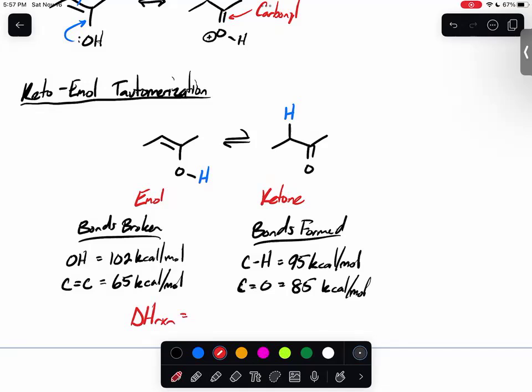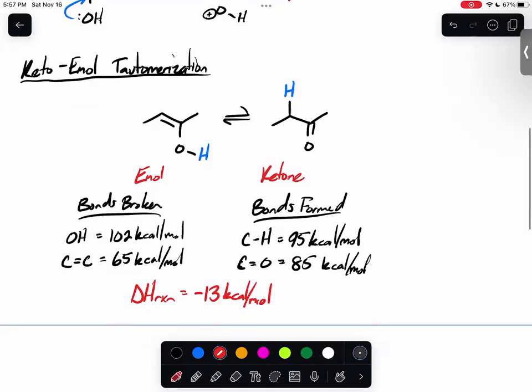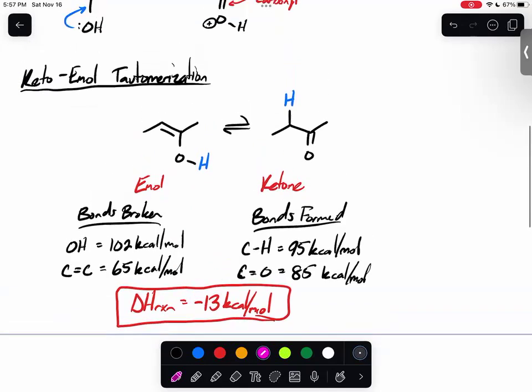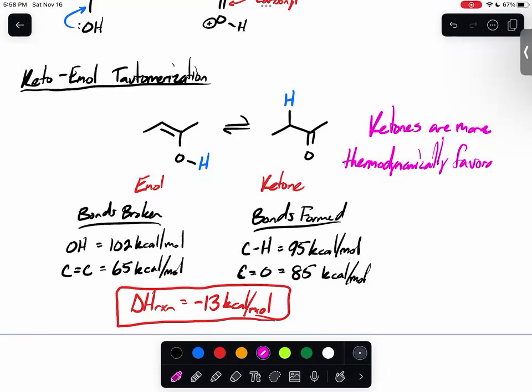All right. So our delta H of this reaction, as shown swapping between the enol and the ketone, is about negative 13 kilocalories per mole. This is a favorable delta H. So what we can say here is that ketones are more thermodynamically favorable than enols.